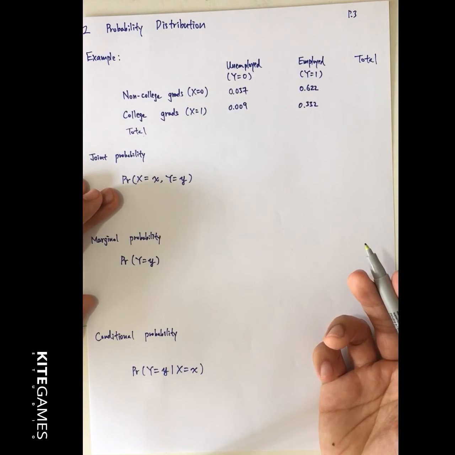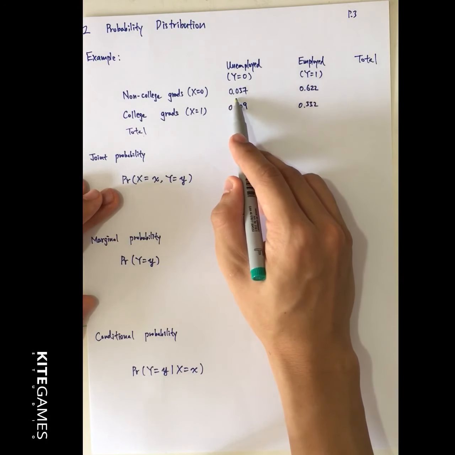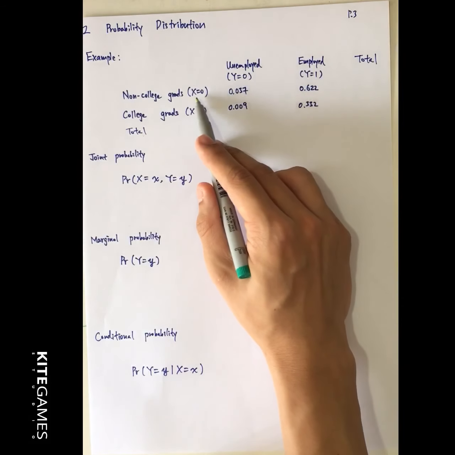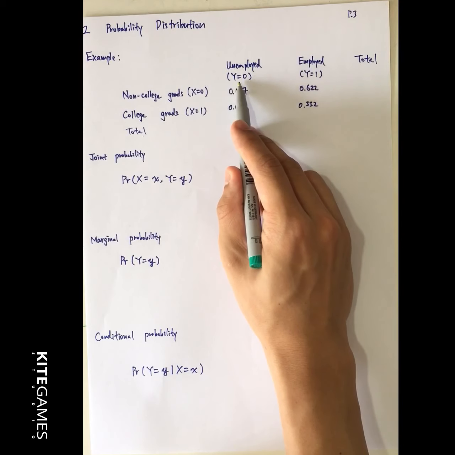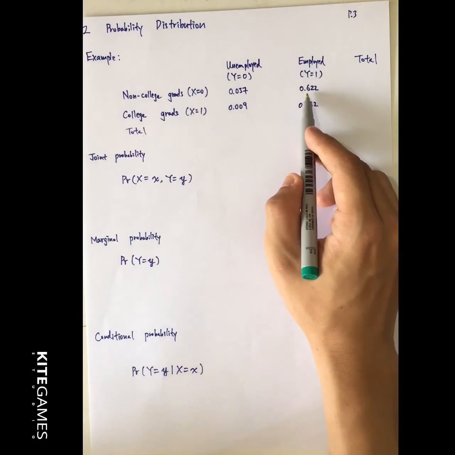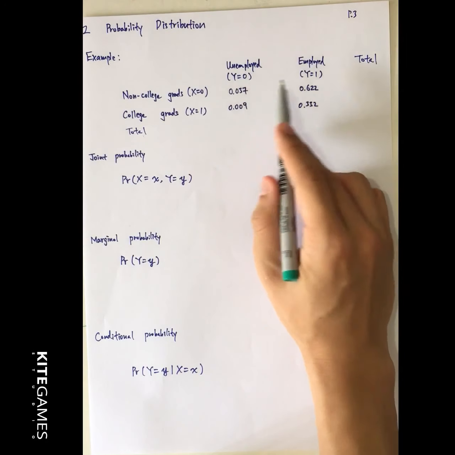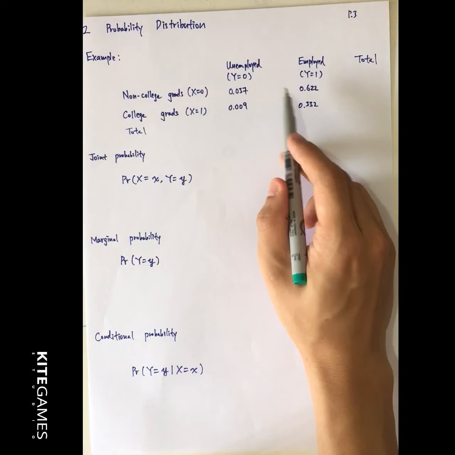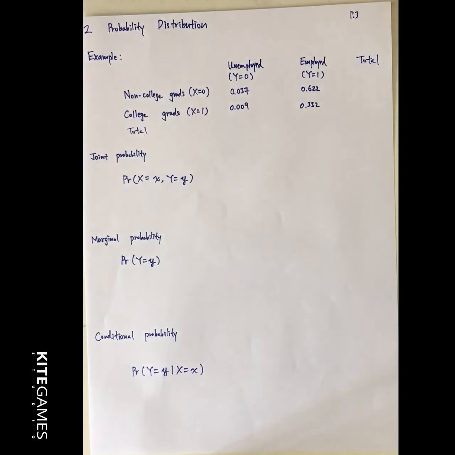So let's take a look at the example. Here, 0.037 is the joint probability that x equals 0 and y equals 0. And 0.622 here is the joint probability that x equals 0 and y equals 1. So all the 4 boxes here refer to the joint probability.